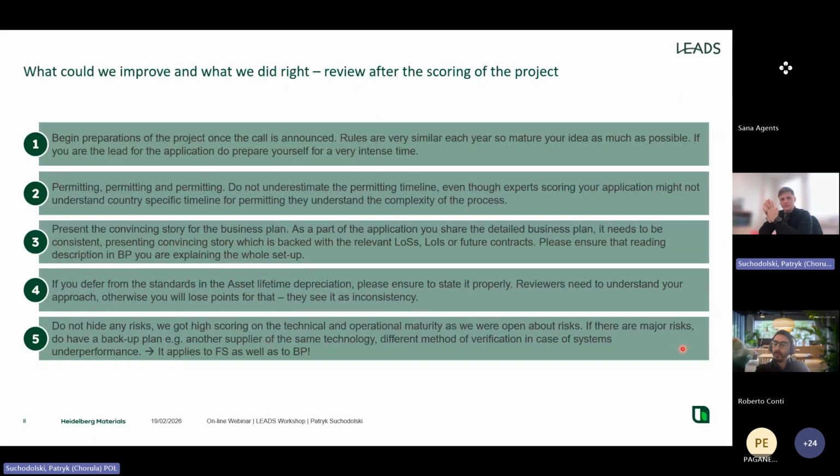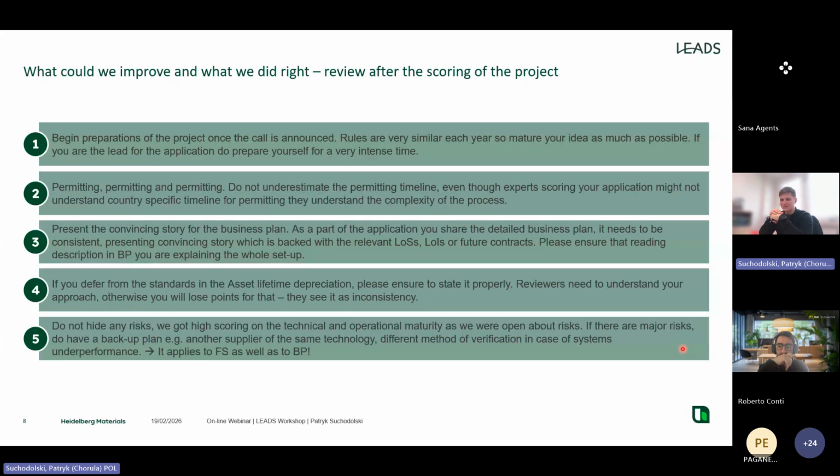And the last slide, with which I would like to conclude my presentation, is the review after the scoring of the project. So, first of all, do not repeat our mistakes. Start your preparations as soon as possible.